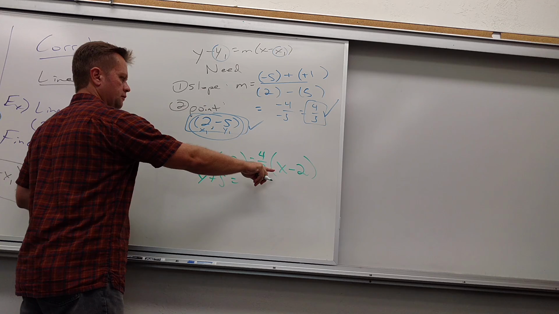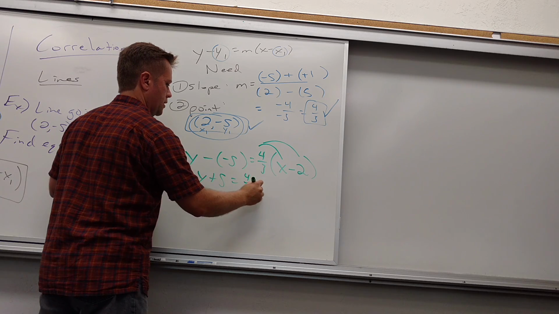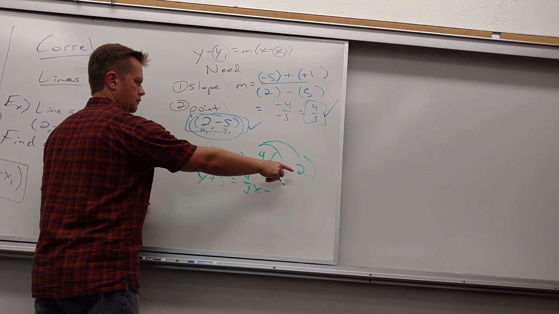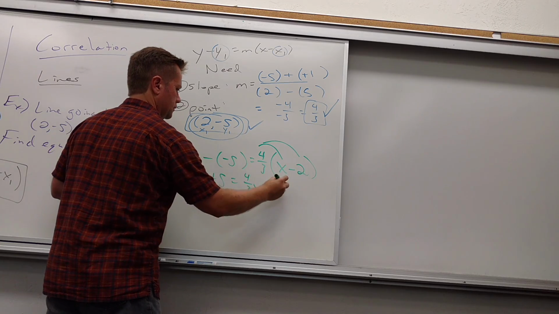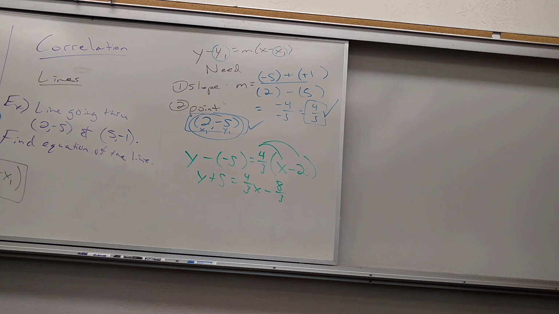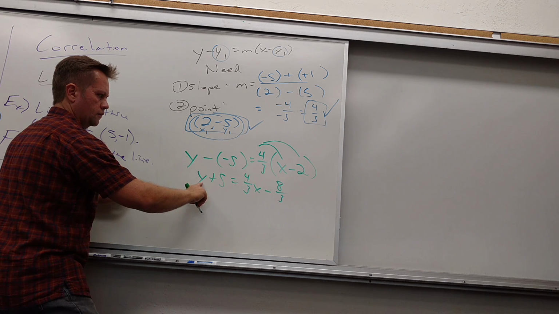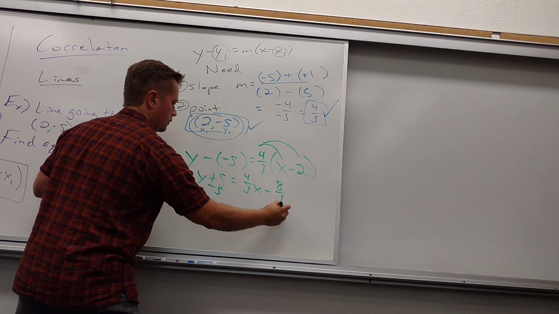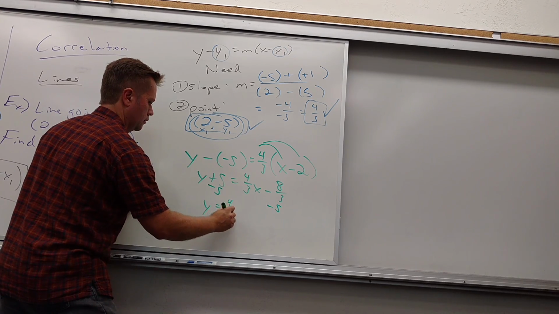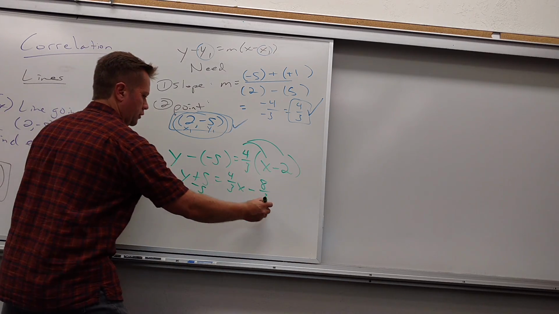What can I do on that side? 4/3 x minus 8/3. I like it. And then I can get y by itself. I'm trying to make it look like this. This is in general a better form because it's a little more simplified, so we pretty much always want to bring it back to mx plus b form. So what do I do to get y by itself? Subtract 5. And that'll be 5 over 1, which becomes what over 3?